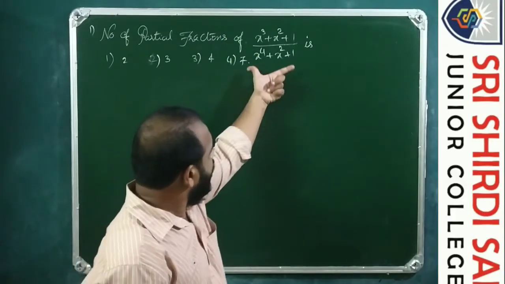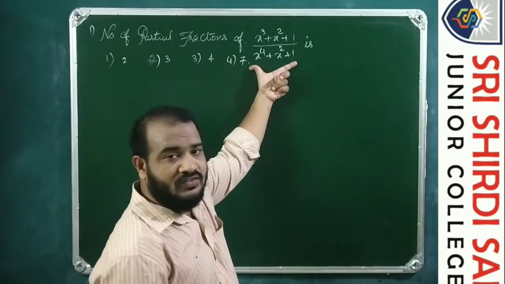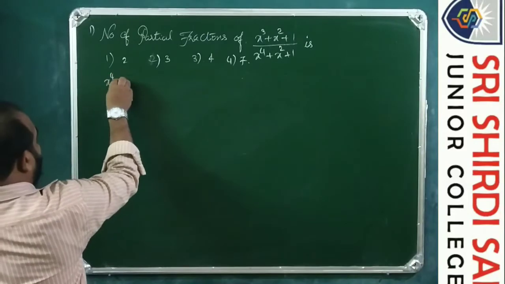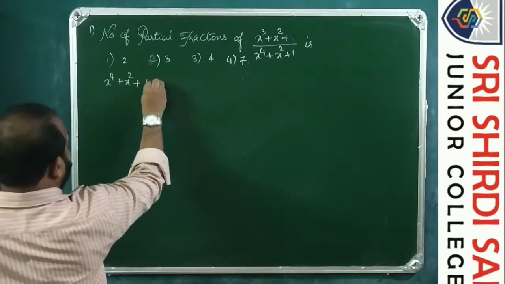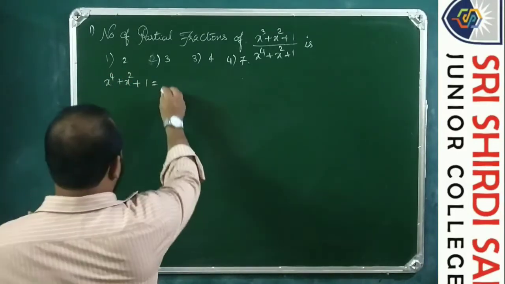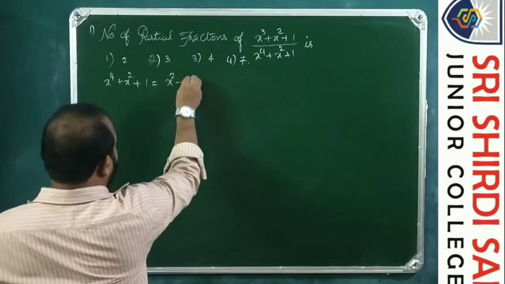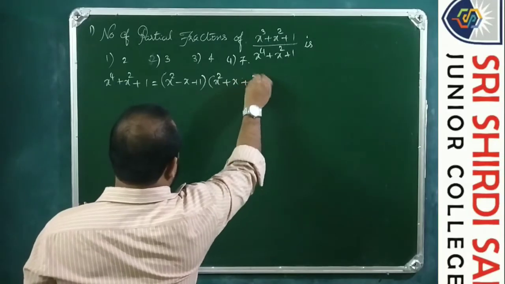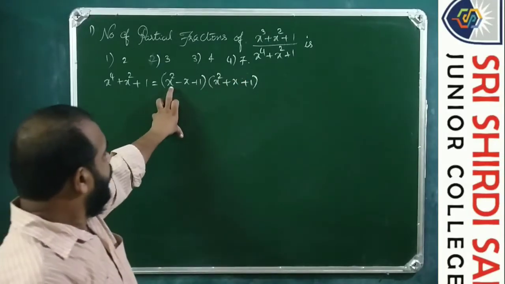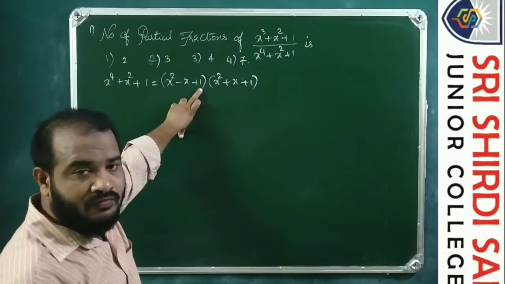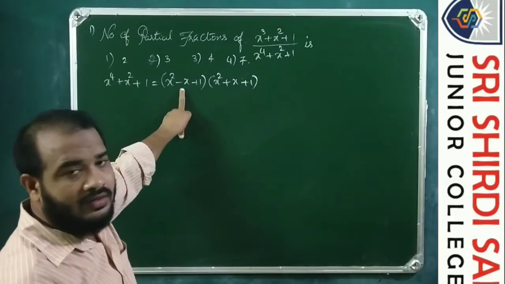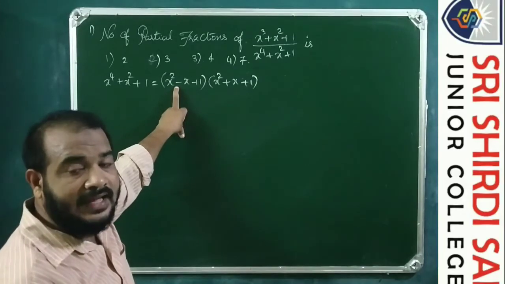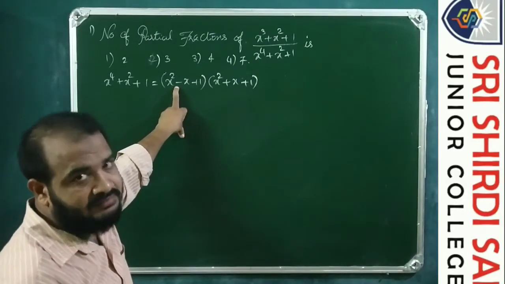So x power 4 plus x square plus 1, this is a biquadratic factor. x power 4 plus x square plus 1 is written as x square minus x plus 1 into x square plus x plus 1. So for x square minus x plus 1, this is a non-repeated irreducible quadratic factor, type 3.